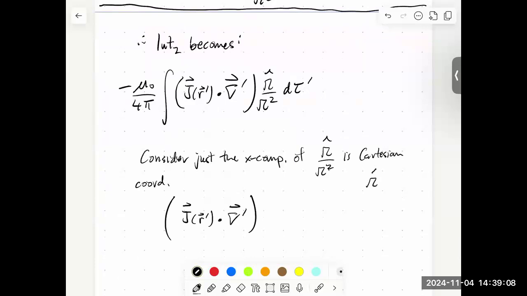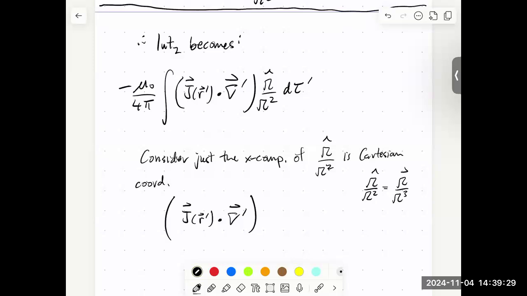And I'm going to use again this result that we already used once, that I can write the unit vector as the vector divided by its magnitude. So this becomes a regular vector, and then we get an r cubed in the bottom.